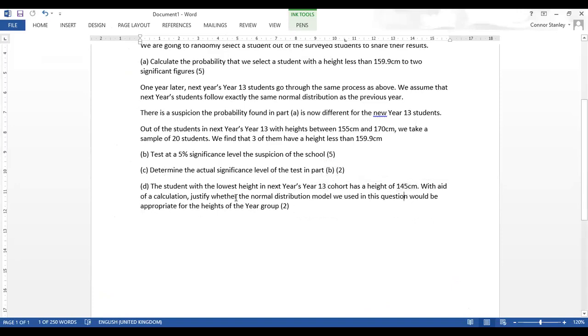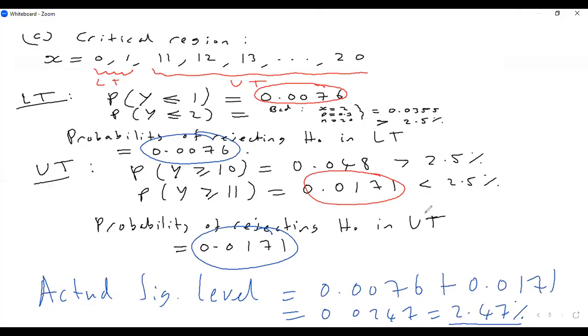With the aid of a calculation, justify whether the normal distribution model we used in this question would be appropriate for the heights of the next group of year 13 students. Okay, so let's think about this. For part D of this question, have a little think about this one.